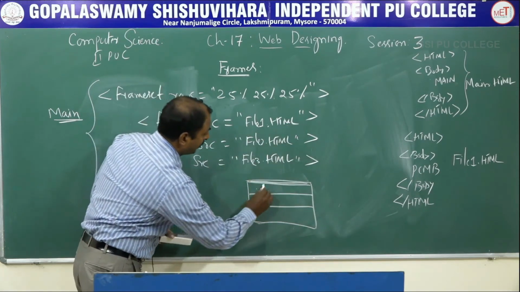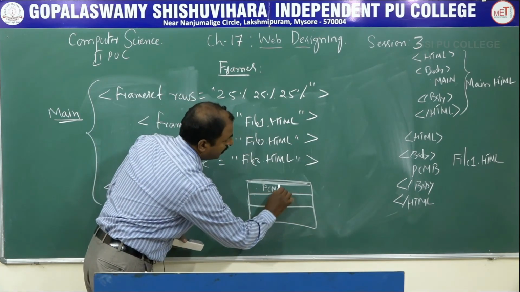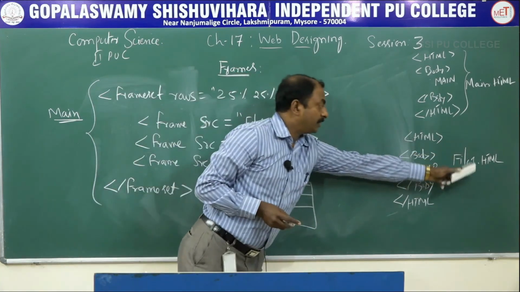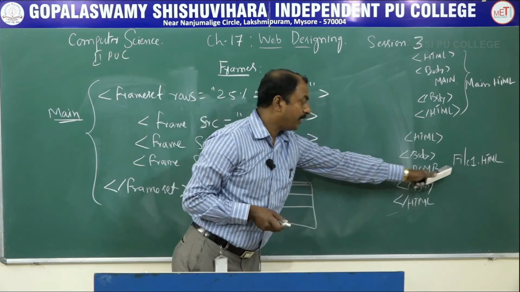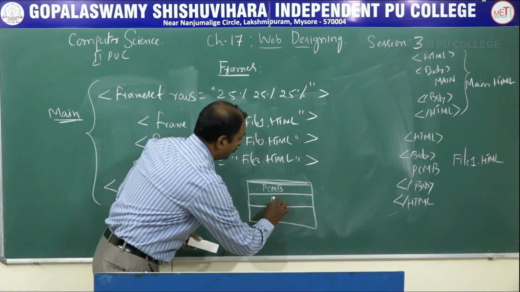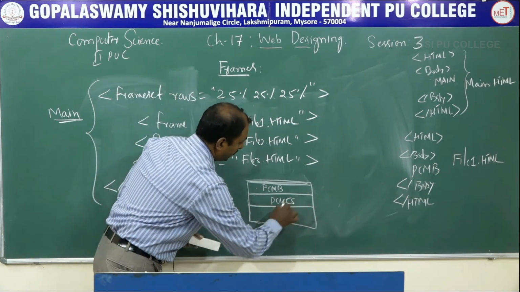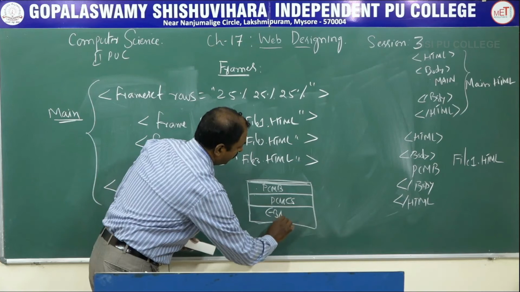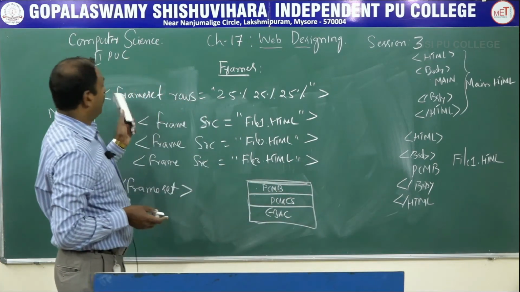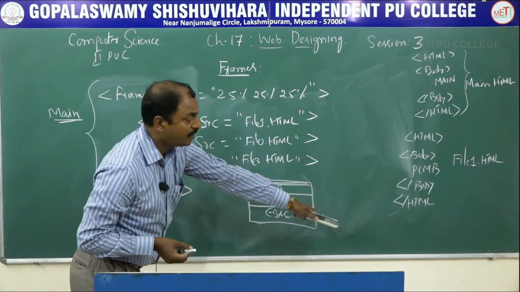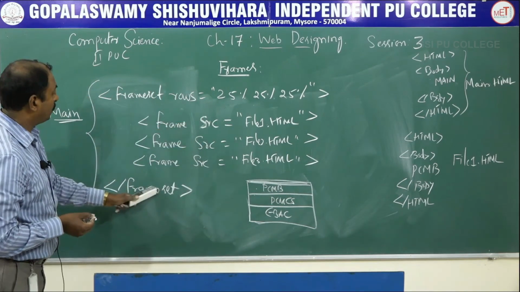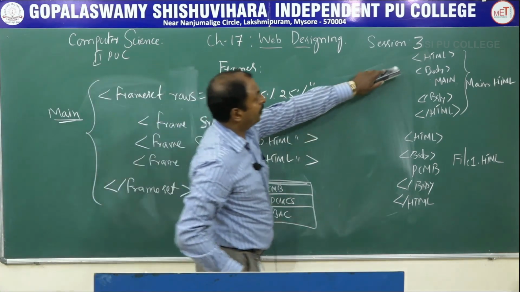For example, this is PCMB. Similarly, we write PCMCS, EBAC. Again, these are individual programs, and this syntax we are supposed to include in main program like this.